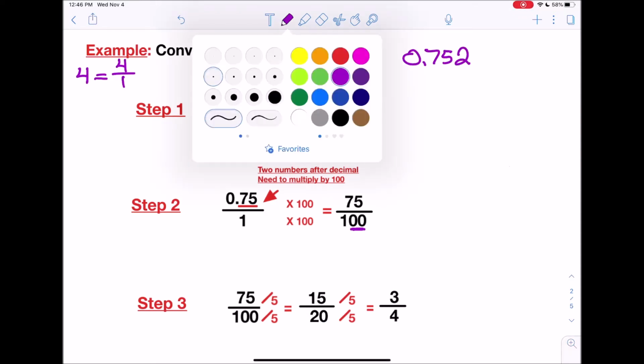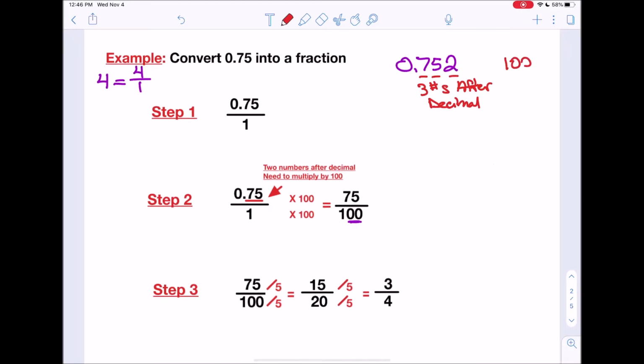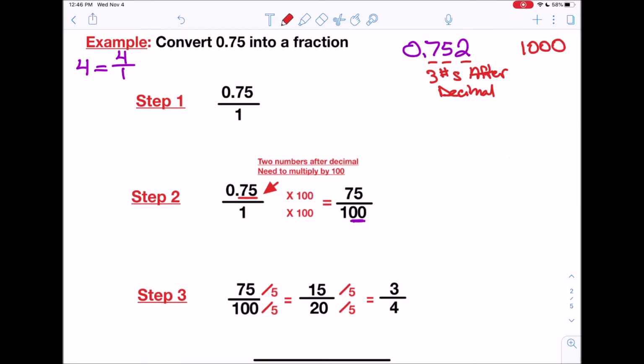If it was 0.752, now we would have 1, 2, 3 numbers after the decimal. So that means we would have to multiply by 1,000. The number of numbers you have after the decimal tells you what multiple of 10, because every number after the decimal is a zero.